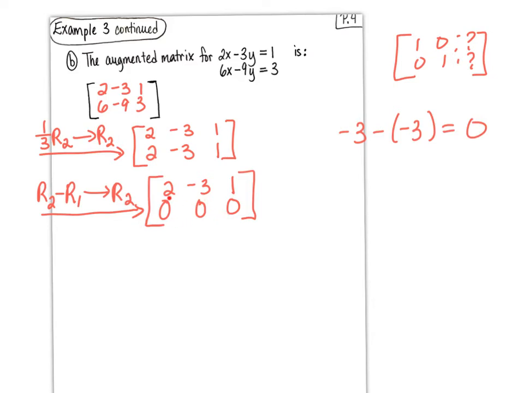But we can go ahead and create a 1 here by doing what to row 1? Multiplying it by 1/2. Very good. So 1/2 times row 1 to get a new row 1. And then we get what for row 1?